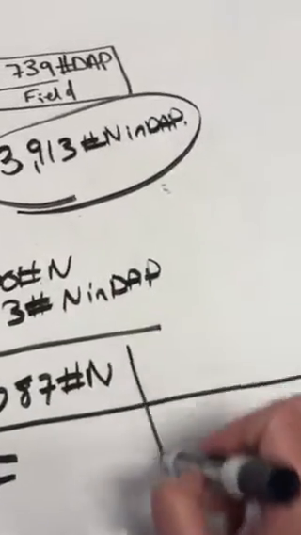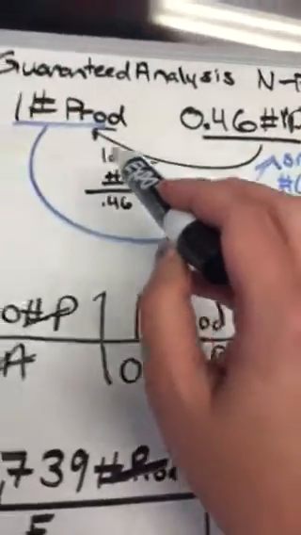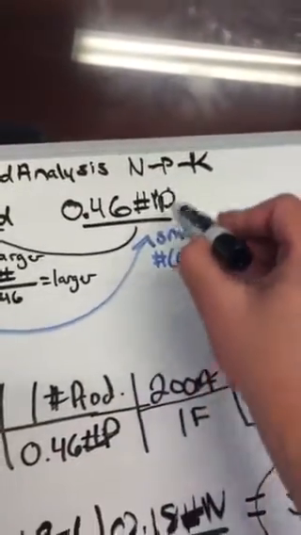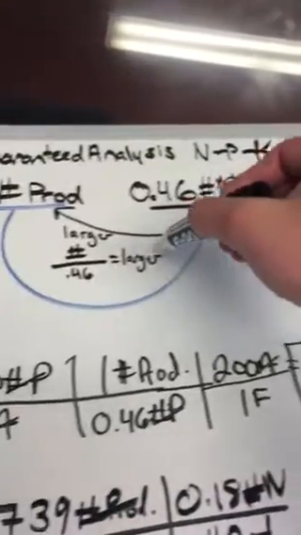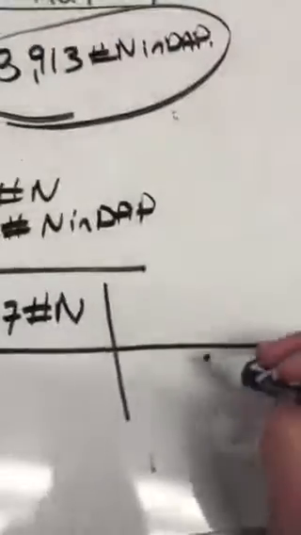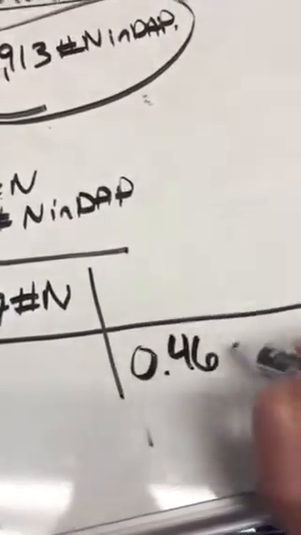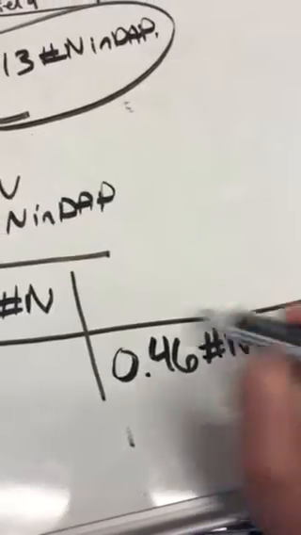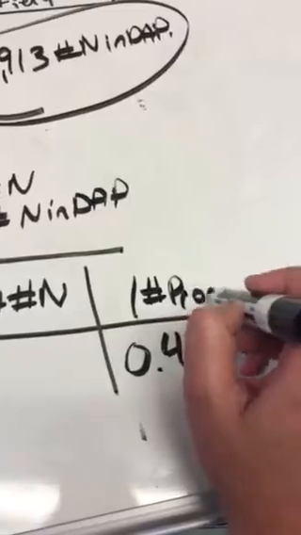Okay? So now we want to go from pounds of N over to pounds of product. It just so happens that in urea, there's 0.46 pounds of N in 1 pound of urea or product. So we know we're going to divide by 0.46 pounds of N. Can't forget our labels, in 1 pound of product or urea.